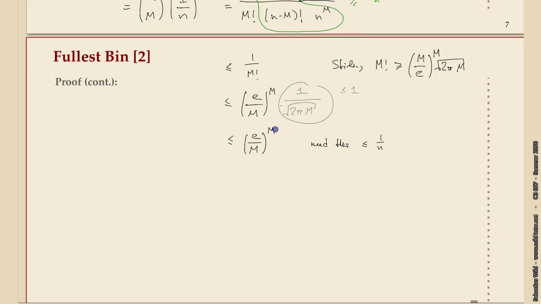So what can we plug in? Well, I think it's still useful to do this kind of side calculation. What would you have to pick for m for that to match? Well, if you set m to ln n divided by ln ln n, what happens? We get e divided by this stuff, and then to the power m. So I'm going to rewrite the whole thing as exp of m log.